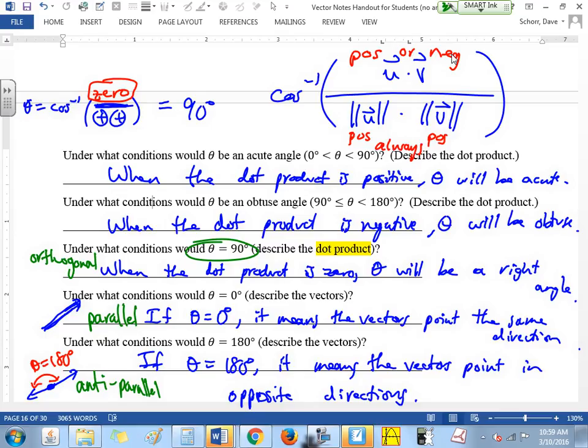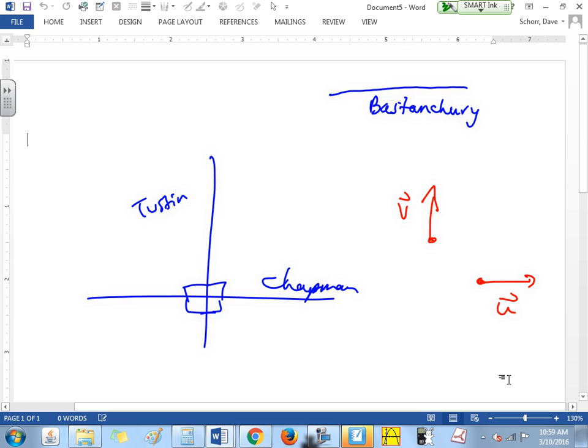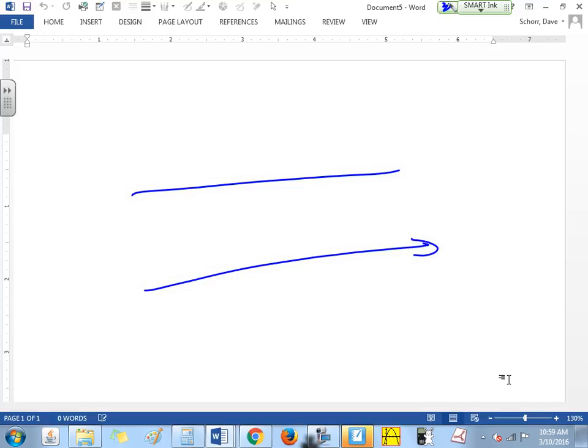Whether your vectors are pointing the same or opposite ways, we would describe those in geometry as parallel either way. So parallel means this or this. All three are parallel. So I don't like the words parallel and anti-parallel. I would rather just say points the same direction, points opposite directions.